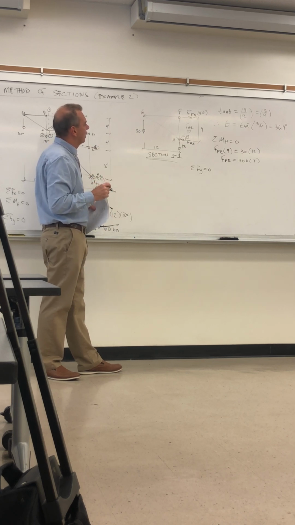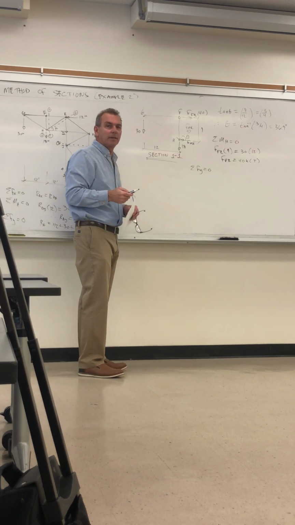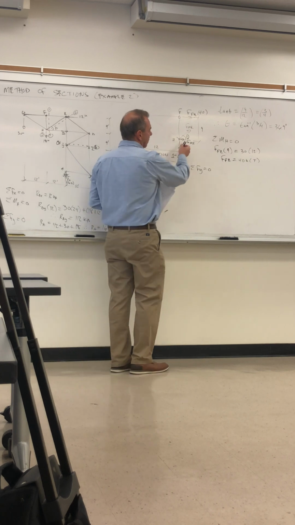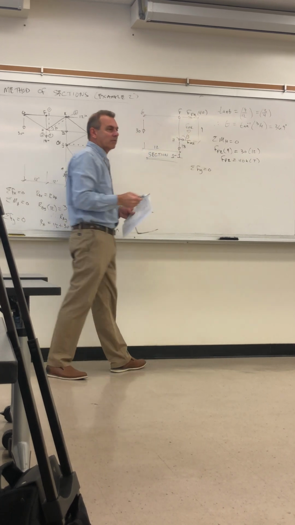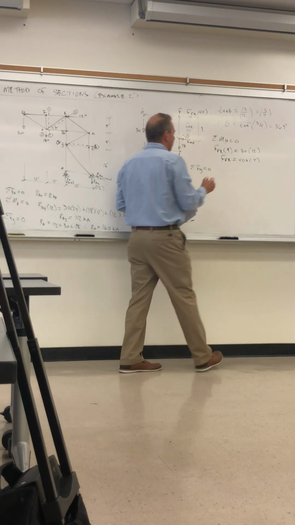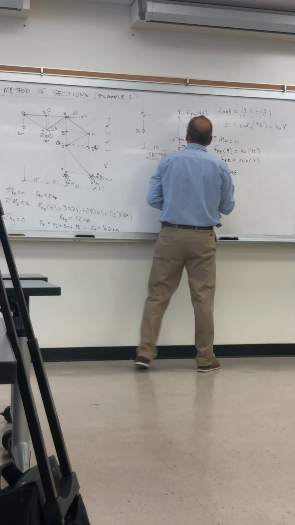So vertically, we have the 18 and the 30 that are in the picture. And then we have not the full F of HE, but its vertical component. So that's why we have to take the sine of that. So we have F of HE multiplied by the sine of theta.